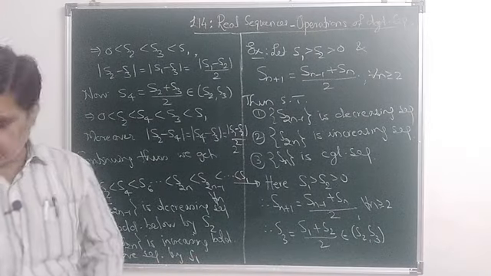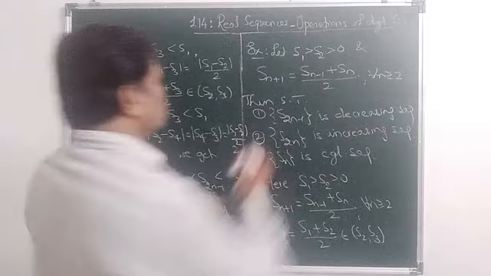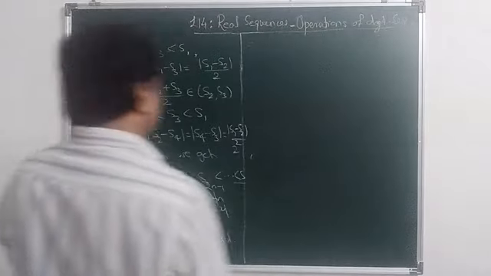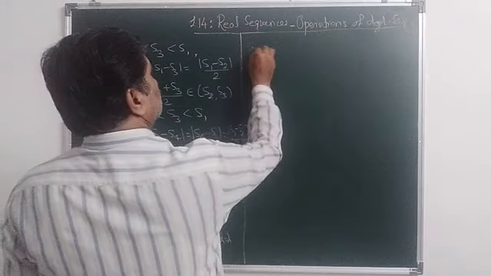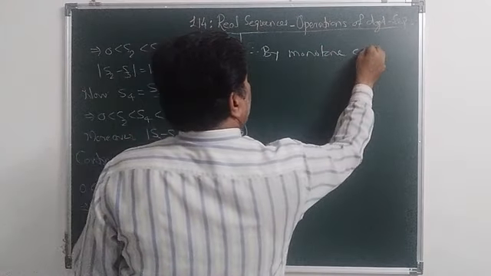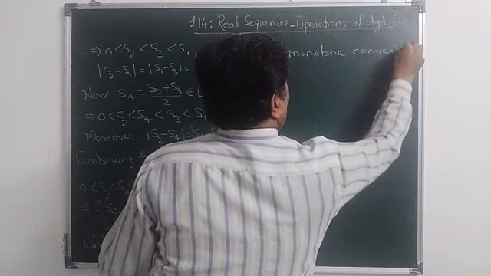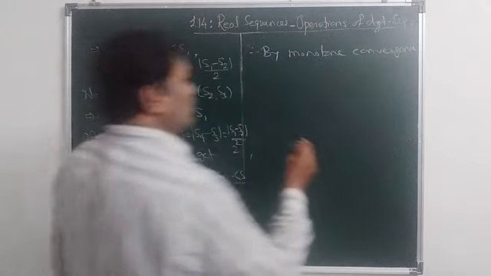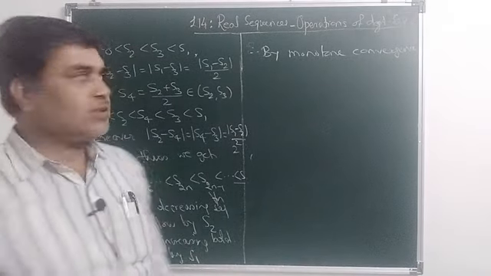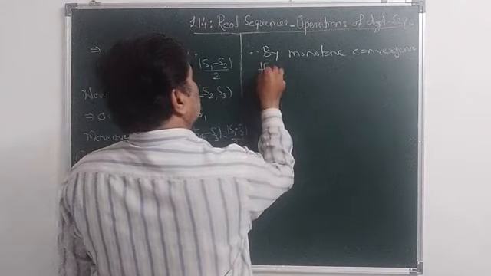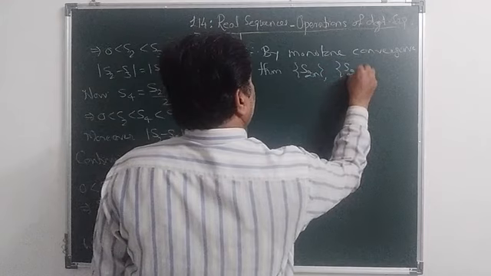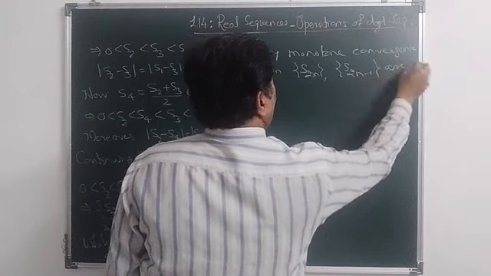Therefore, by the Monotone Convergence Theorem, every monotone increasing bounded above sequence is convergent, every monotone decreasing bounded below sequence is convergent. Therefore S2n and S(2n-1) are convergent sequences.